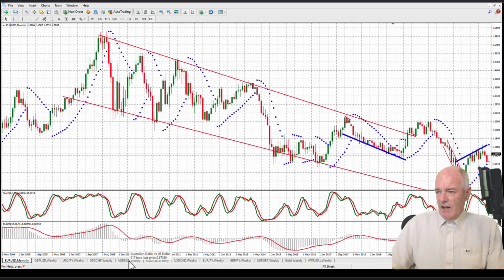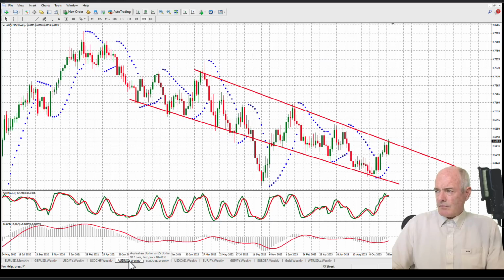Okay, let's quickly look at Aussie dollar. Here we have a very interesting situation on the weekly. There are a few things happening with the Australian dollar right now with their economy, but it's a bit hit or miss. I also see from the technical side that the pair is overbought, and price action is bouncing off an upper trend line.